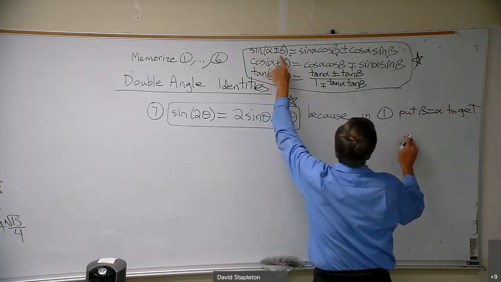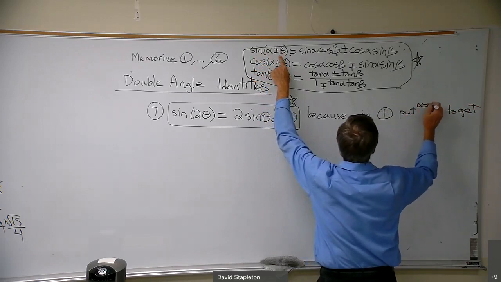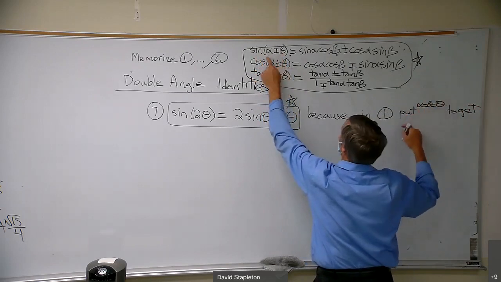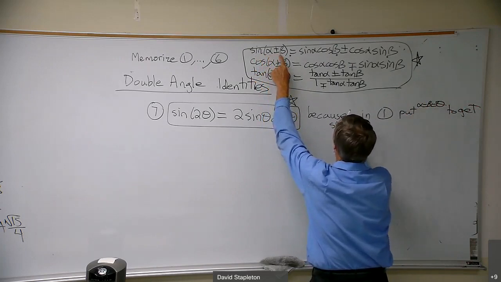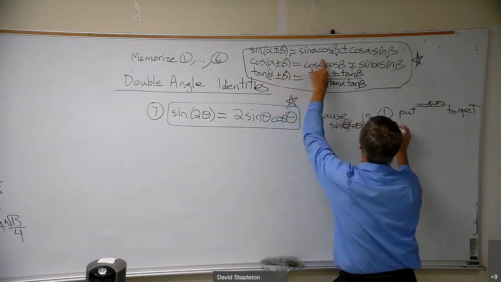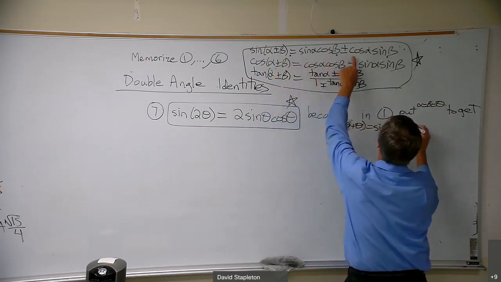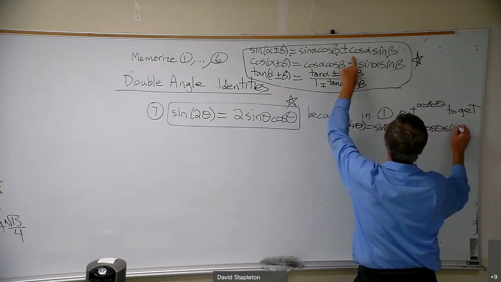Let's do it this way: alpha equals beta equals theta. So put both of these equal to theta, and then you get sine of theta plus theta equals sine theta cosine theta plus cosine theta sine theta, right?